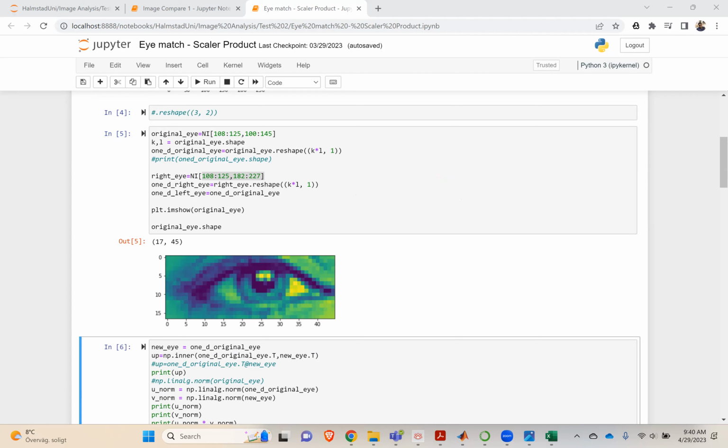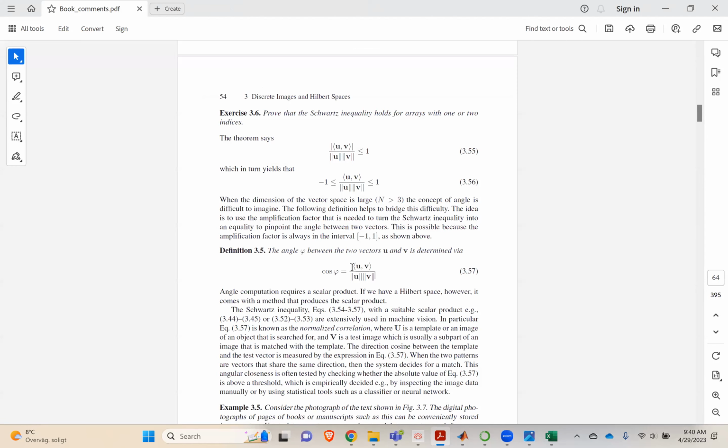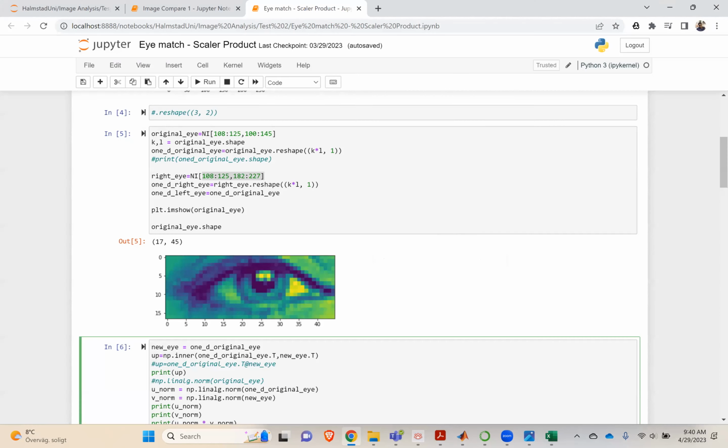If you want to make it the same as your book, in the book this is not for 2D, this is for 1D. With 1D, we have one pixel line and the second one you need to make orthogonal, then you multiply.